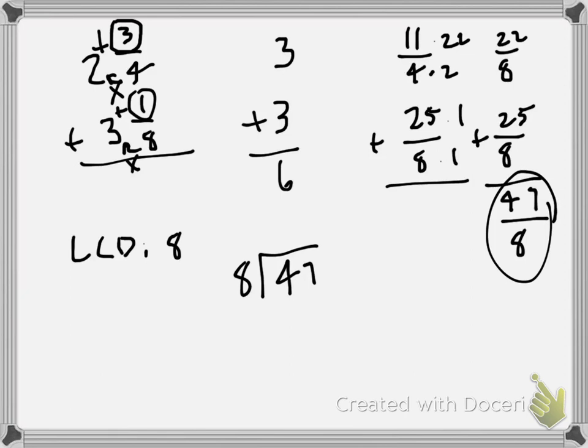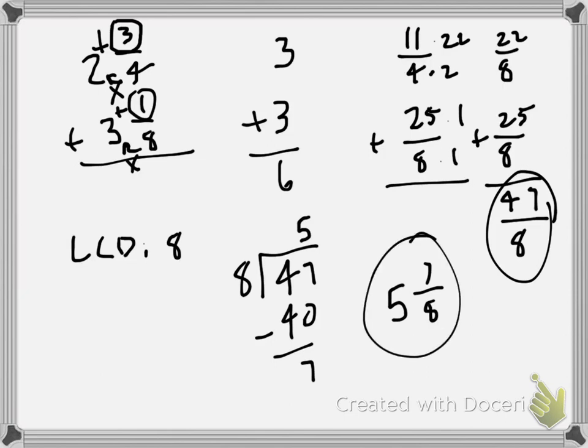Okay. So 8 goes into 47 5 times. 5 times 8 is 40. We're just doing our improper fraction to mixed number conversion like we've done in the past. And so 5 is our whole number, 7, our remainder, goes on top, and then our denominator stays the same. So 5 and 7/8 is our answer as a mixed number.